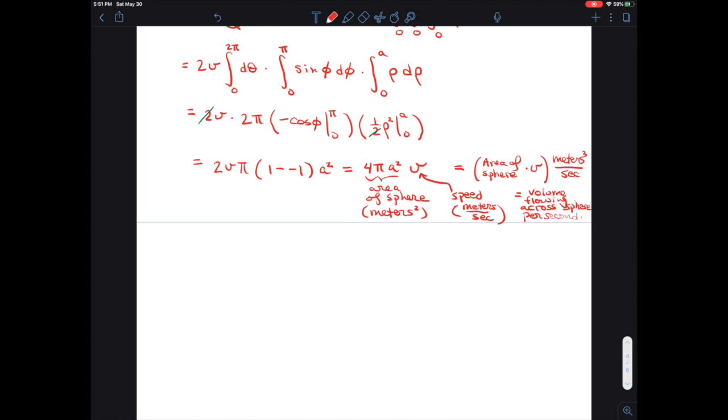Okay, so that's why we say that flux is just the flux of a field across some surface. If you think of the field as a fluid flow, then flux is just the total volume of fluid that flows across or through, if you like, this filter.